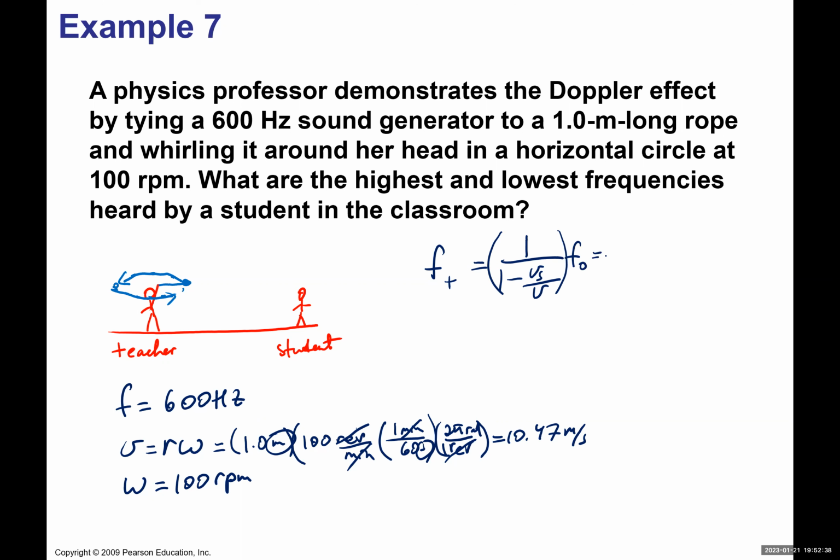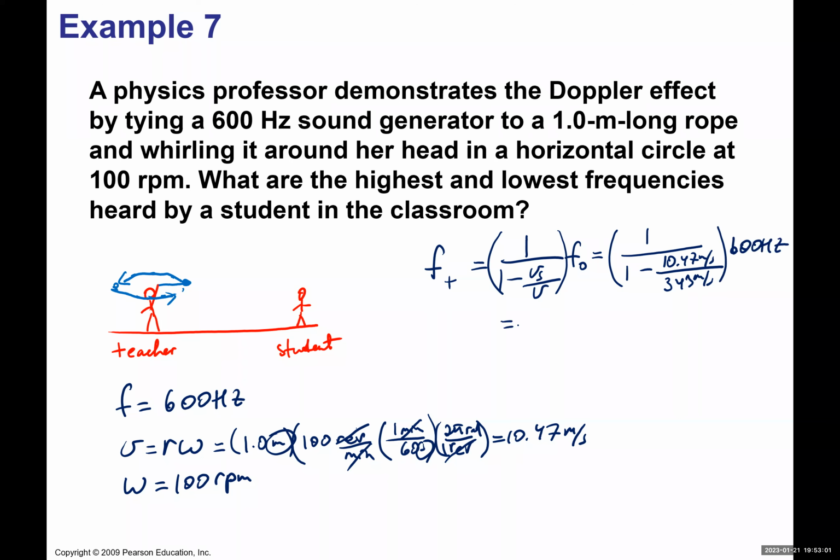So we have 1 minus the source velocity, 10.47 meters per second, over the speed of sound in air, 343 meters per second, times the frequency of the generator, 600 hertz.